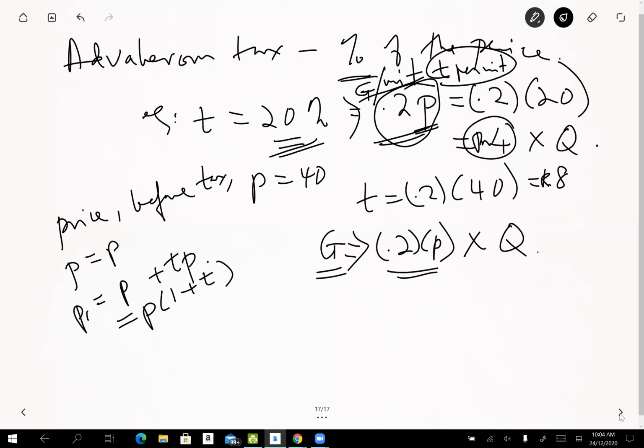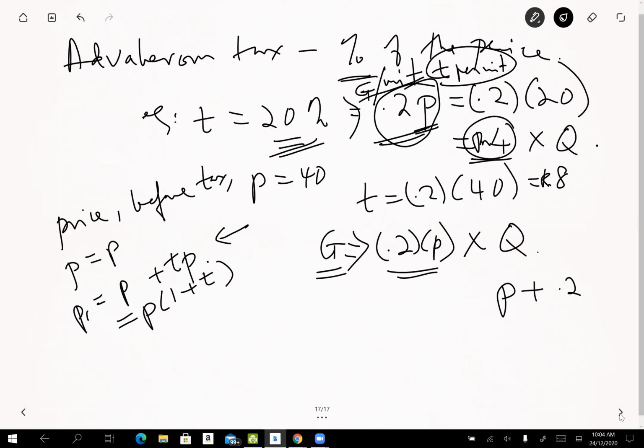So the increase in the price is not just a simple P plus, say, 20 cents. The new price will be P multiplied by the tax rate plus the price, just like what we were doing here.